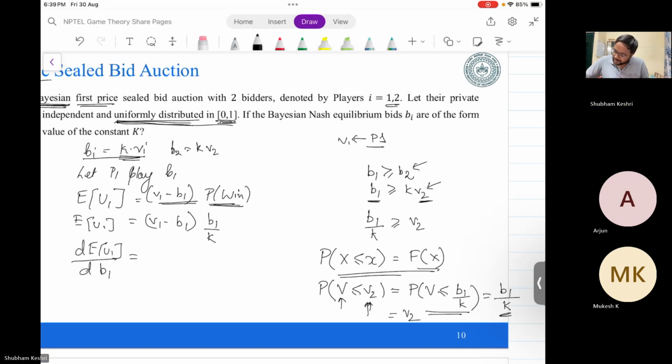All right. So this is just V1 by K minus B1 squared, so it will become V1 by K minus 2 B1 by K. All right. And if you equate this to 0, then you will be able to get the value of B1, which is equal to V1 by 2.